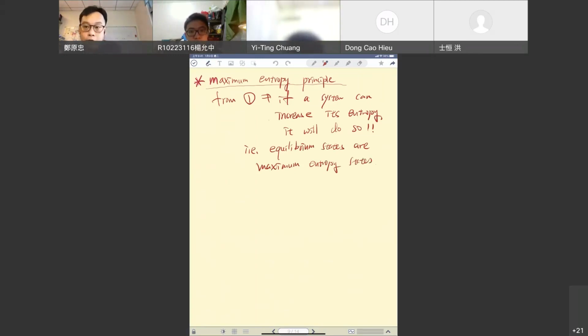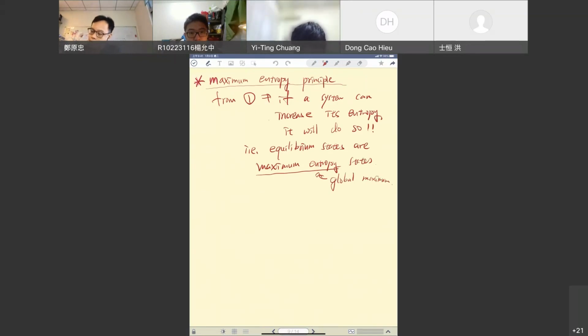So the condition for equilibrium is now understood. The condition for equilibrium is for entropy to reach its maximum. And this maximum, because it's thermodynamics, has to be a global maximum.